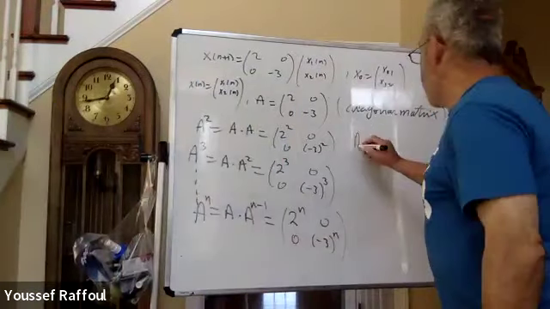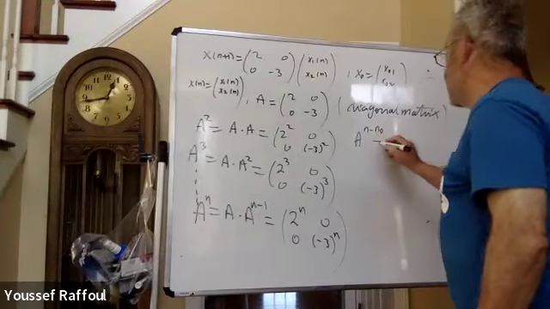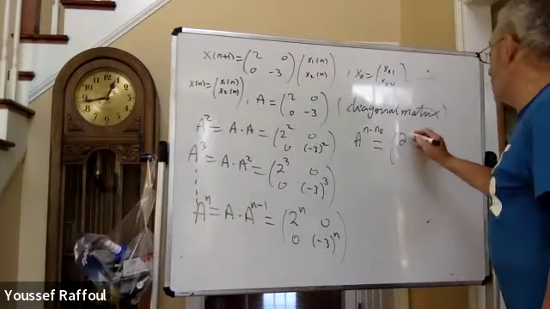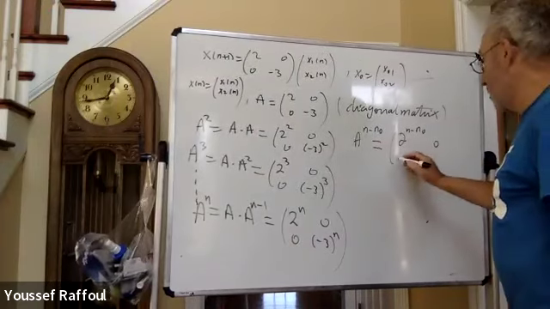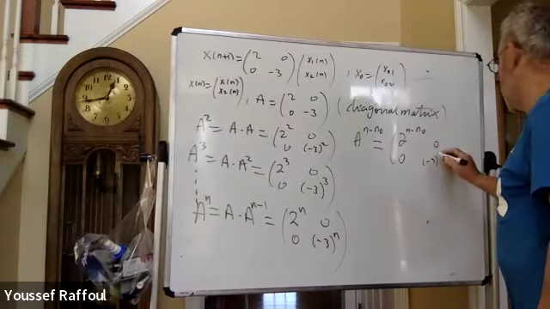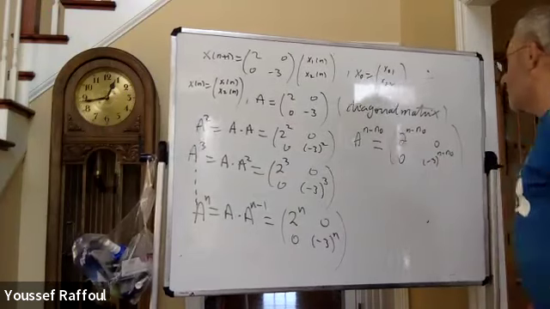So A^(n minus n naught) is going to be 2^(n minus n naught), 0, 0, (minus 3)^(n minus n naught).